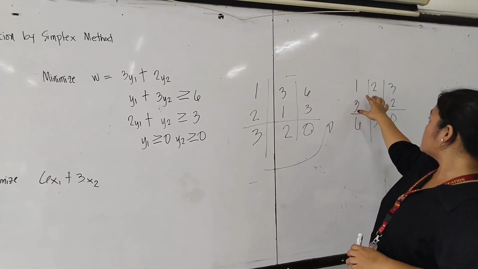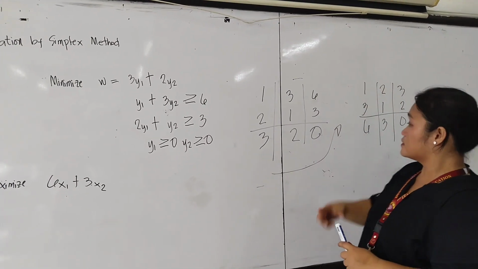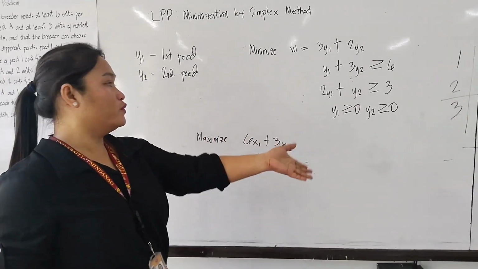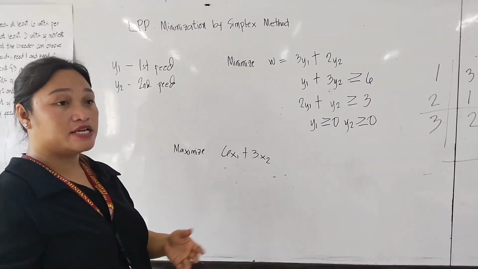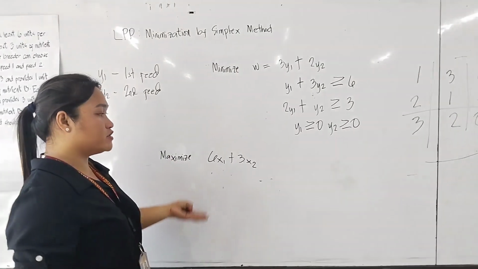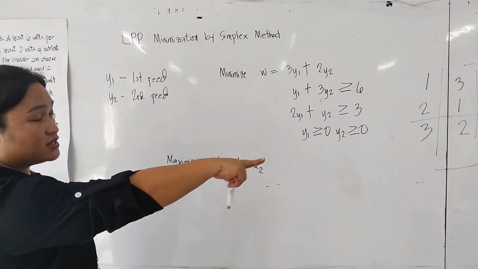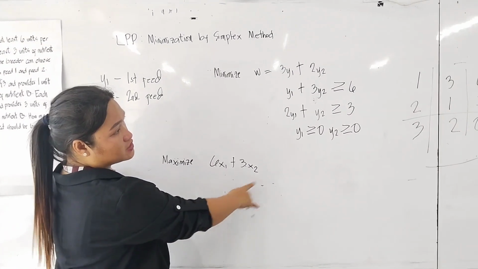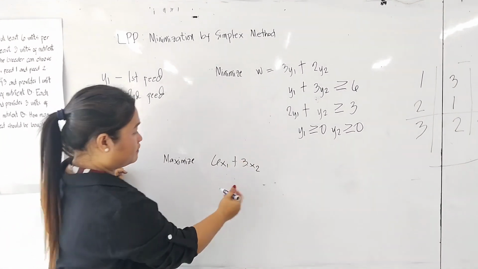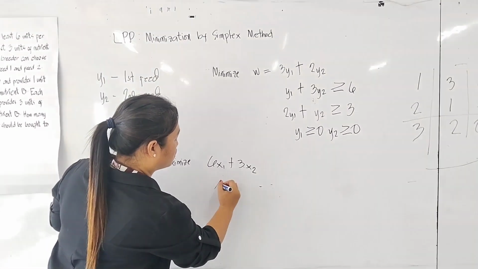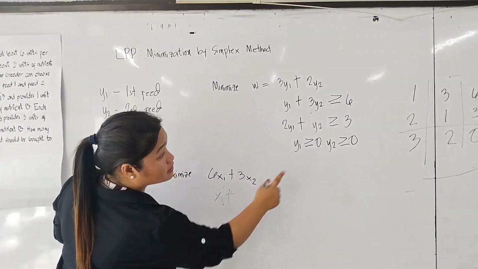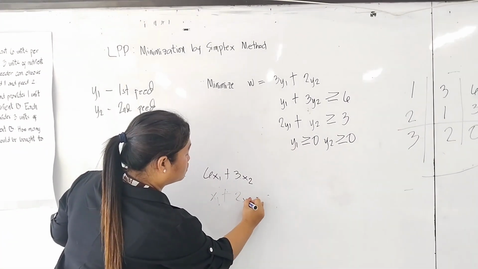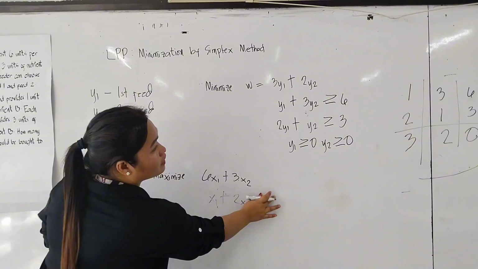The first constraint here is x1 plus 2x2.